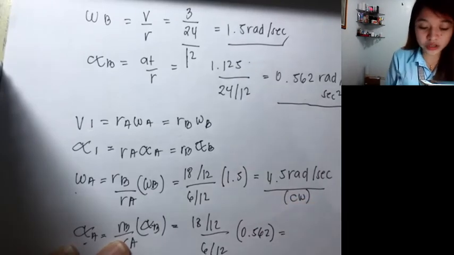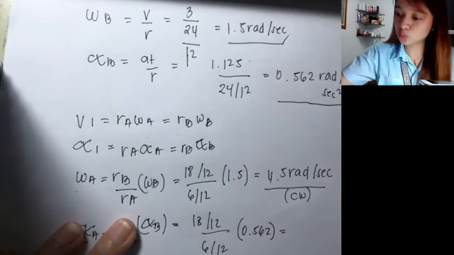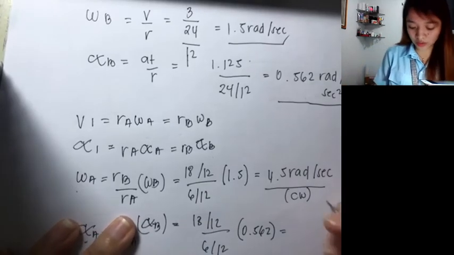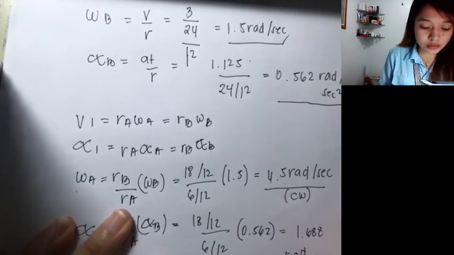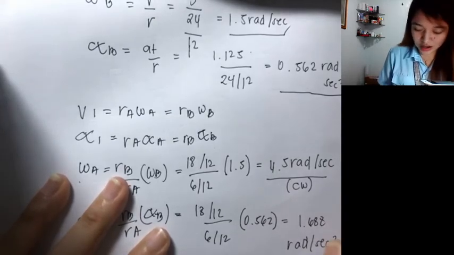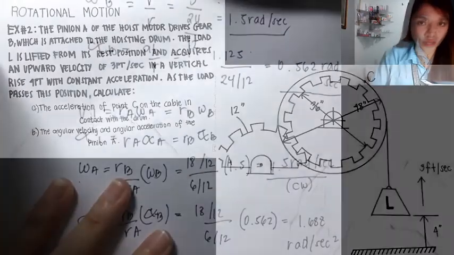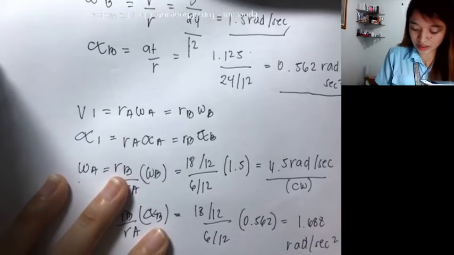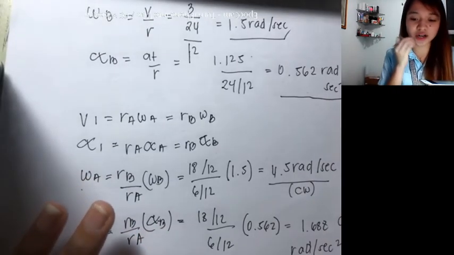Simply computing that, we got 1.688 rad per second squared. In what direction exactly? It's counterclockwise also, of course. So that's it for the answer.